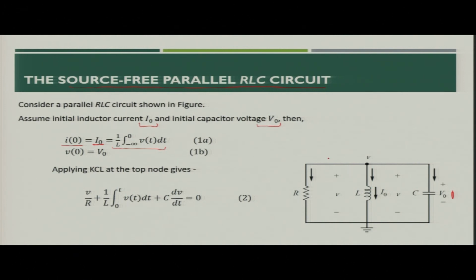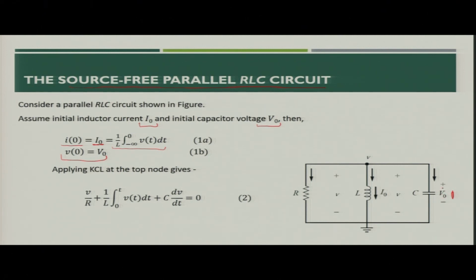So, the current flowing at time t equal to 0 will be the same as the current flowing before t equal to 0. Similarly, at time t equal to 0, we are assuming that the capacitor is initially charged with voltage V naught.